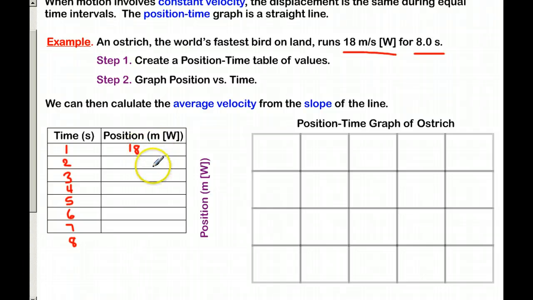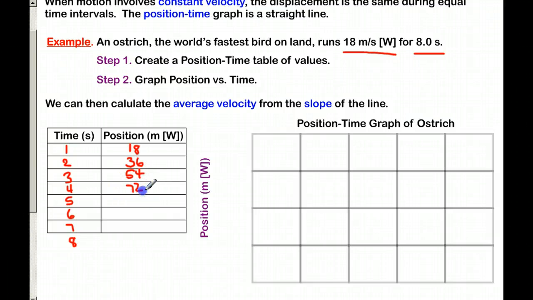After 2 seconds, we've run another 18 meters, so that's a total of 36. Each second, we're moving another 18 meters, so it just adds on. Our distance away from the start is an additional 18 meters every second.